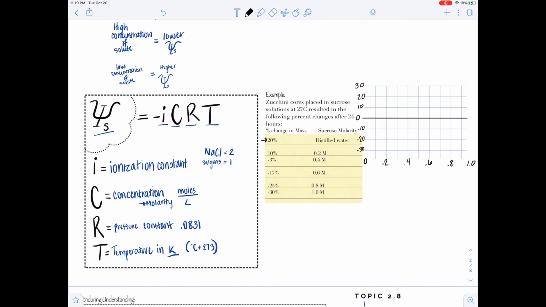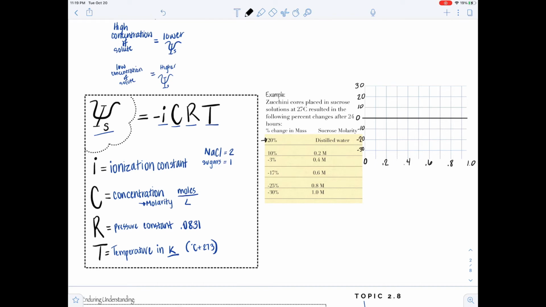The ideal way for us to figure out the solute amount in the vegetable cores is to figure out what our isotonic solution was. If we figure out the molarity at which we have no change, so when the mass does not change, that molarity of our sucrose solution will be the same for our vegetable core solution. So this is the basic concept behind this.